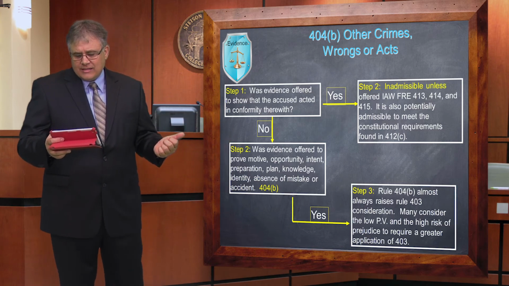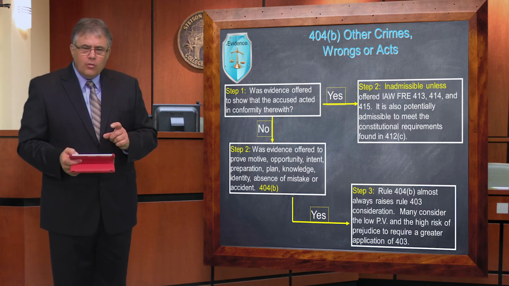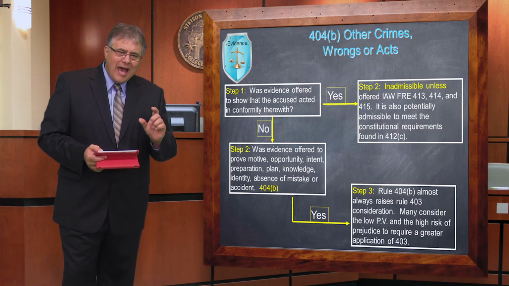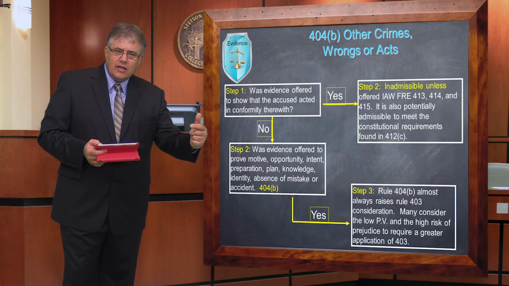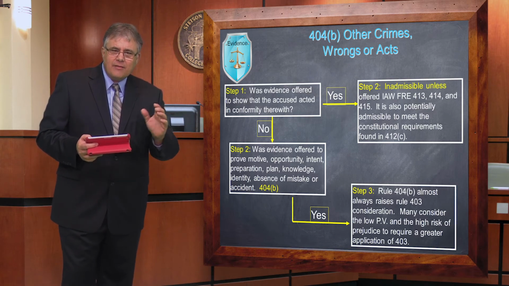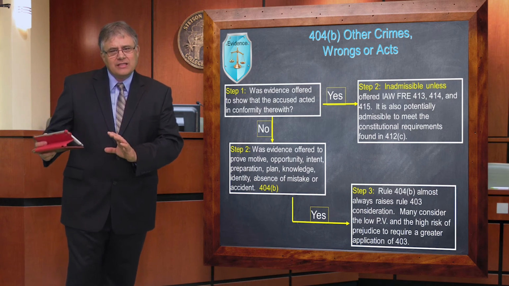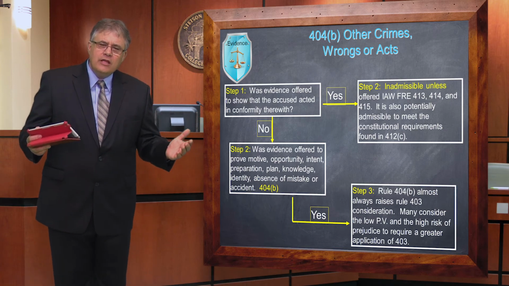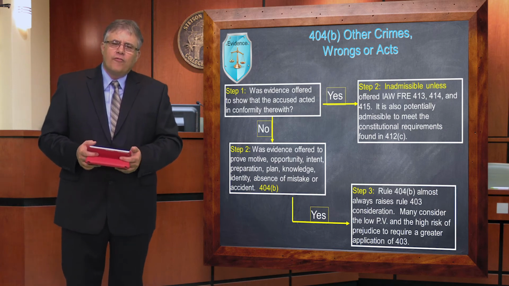And in that instance, I have to show how the prior conduct proves motive, intent, absence of mistake, preparation, plan, scheme, knowledge, one of the non-exhaustive factors in 404B.